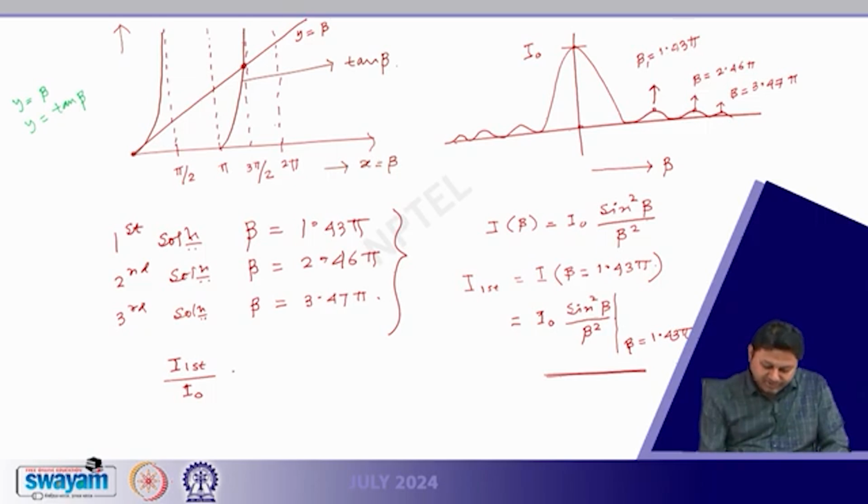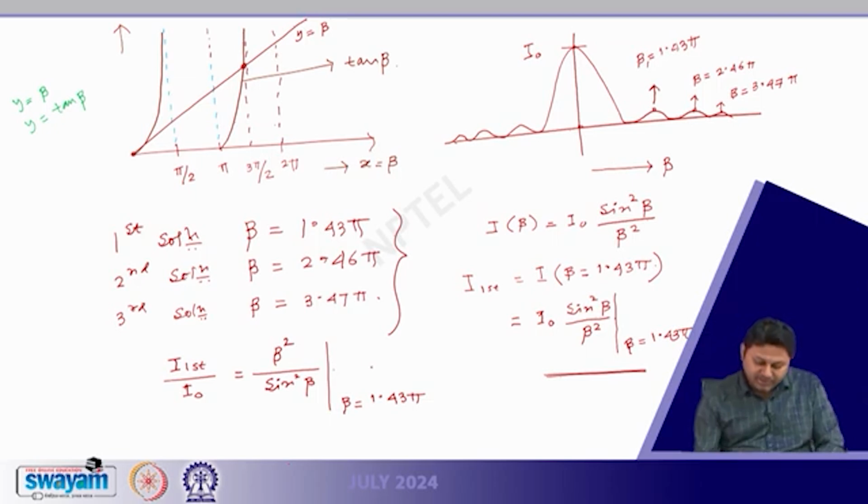So that ratio is essentially beta square divided by sin square of beta at the point beta equal to 1.43 pi. And if somebody calculates this amount, it will be nearly equal to 221.2, that should be the value.